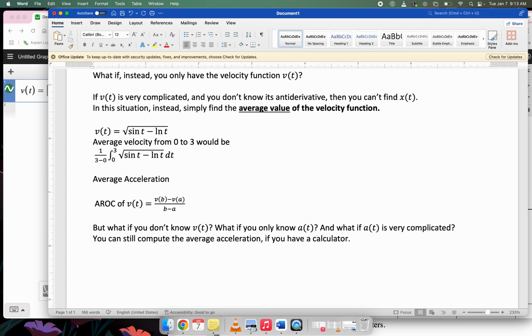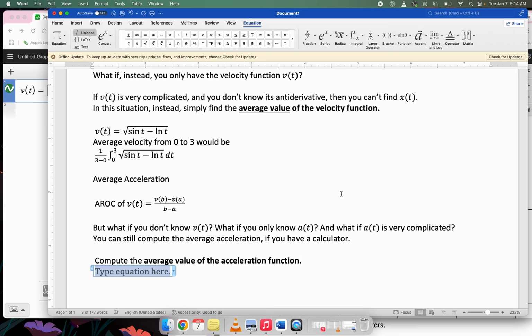Because all you need to do is compute the average value of the acceleration function. That will be the average acceleration. In other words, it would be 1 over b minus a times the integral from a to b of the acceleration. That's the average value of a of t right there.